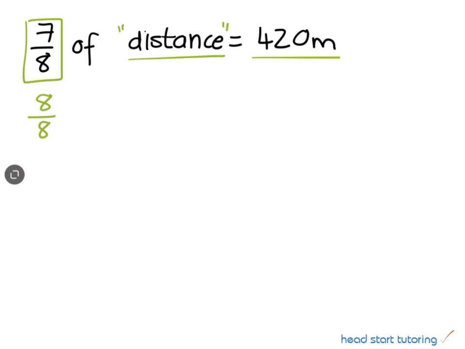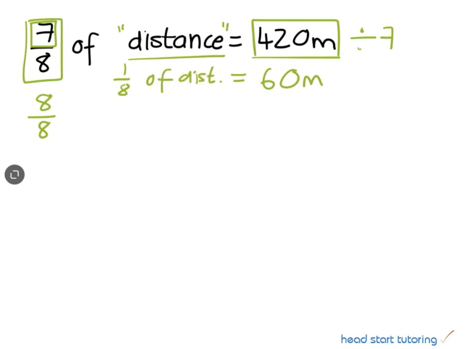So we need to see what our numerator is, and we divide our number by our numerator. So we divide our 420 by 7, and that will give us an answer of 60 meters. And then that 60 meters is now equivalent to 1/8 of our distance.